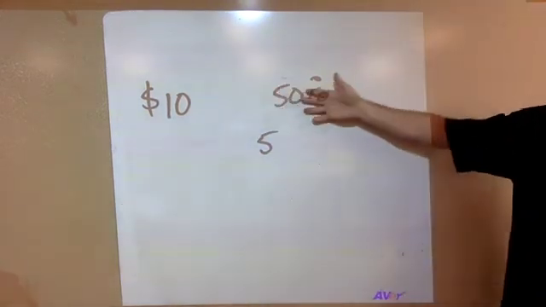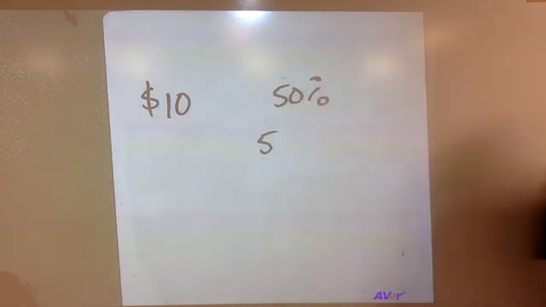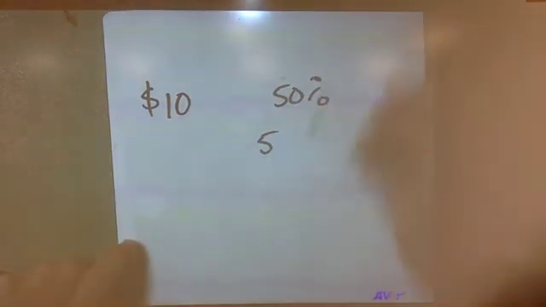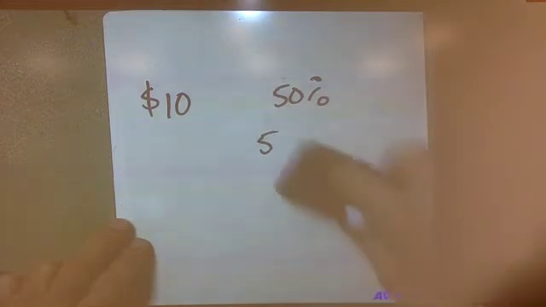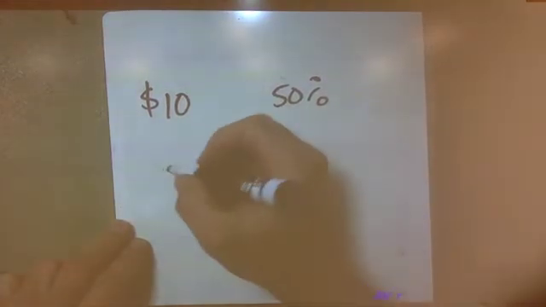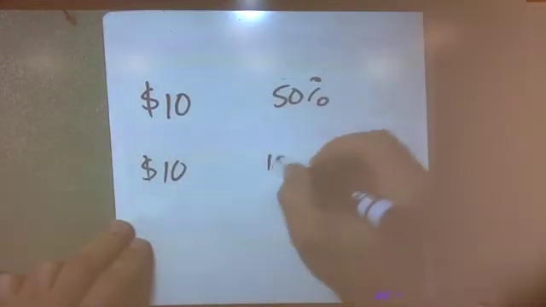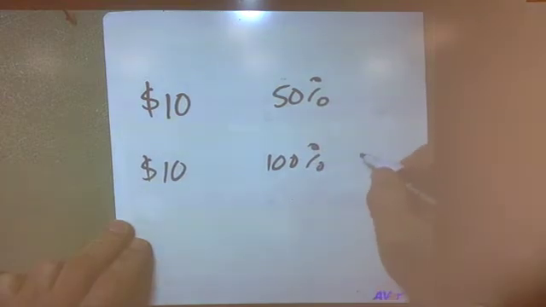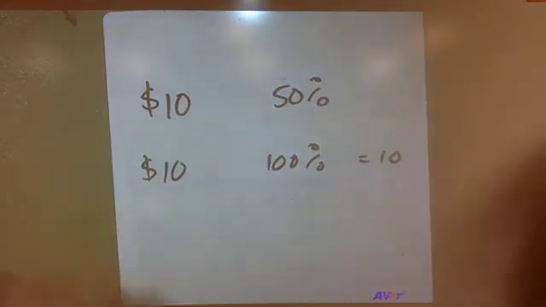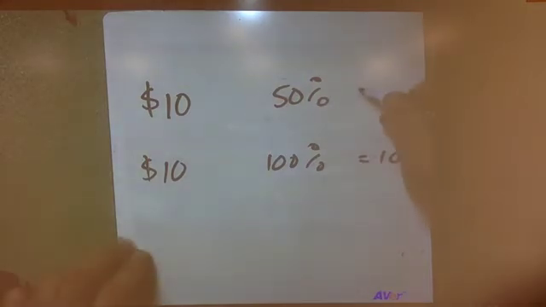So the rate of change might be 50%, but it's actually 1 plus 50. What the 1 stands for is 100%. Let's say here's $10. What's 100% of 10? 100% of 10 is 10. 100% of anything is just itself. 50% of 10 is 5.